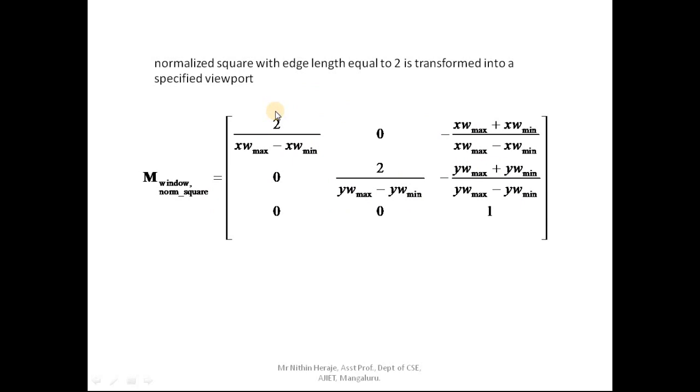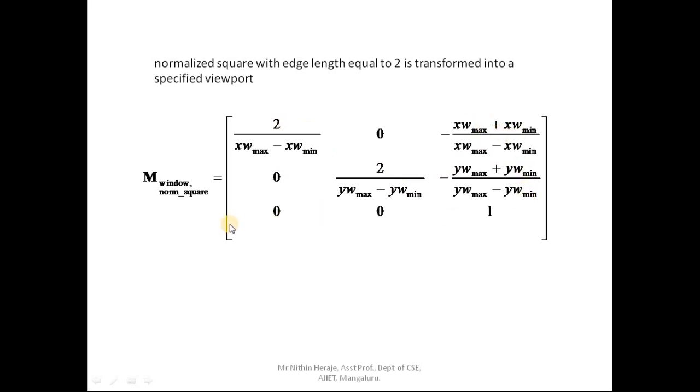So these are all the inbuilt values that have been given. So 2 by xw max minus xw min is the first element in the matrix. Again here this is a 3 cross 3 matrix, and second element is 0. The third element is minus xw max plus xw min divided by xw max minus xw min, and so on.